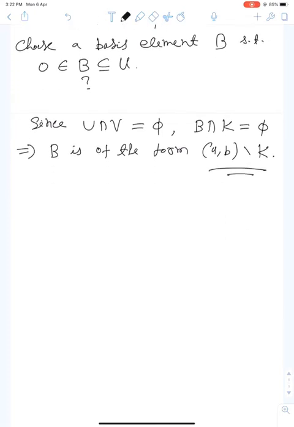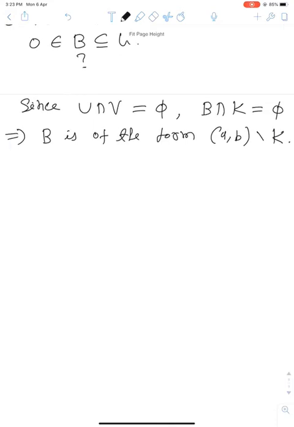Now, we know that 0 belongs to that open interval AB.